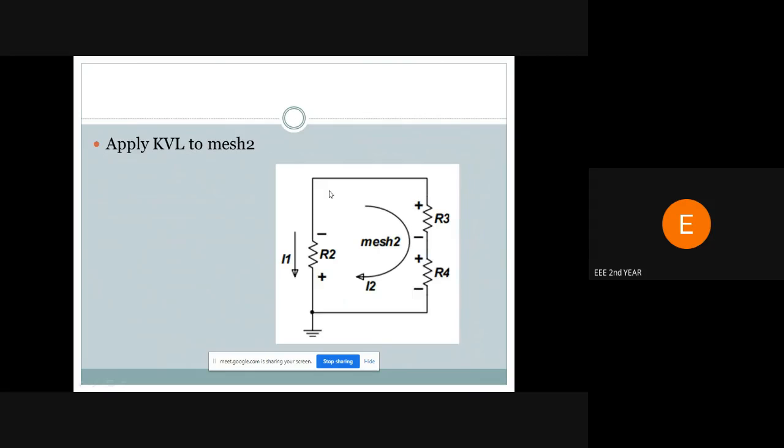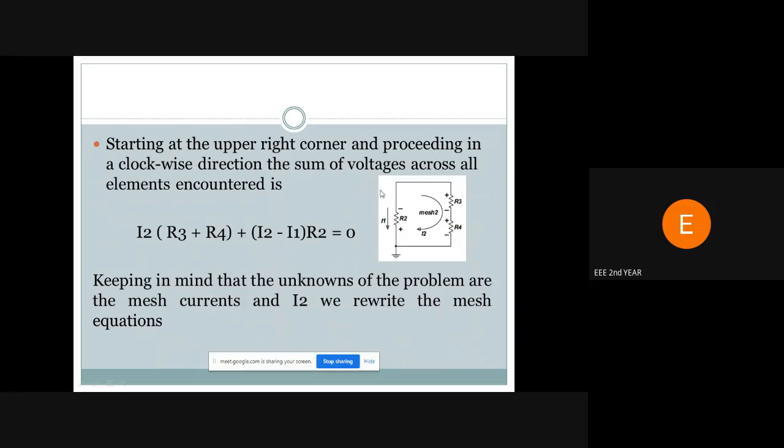Here also you start at the upper right, because there is no voltage source here, but the potential will rise in this way. So take the upper right corner and proceed in a clockwise direction, taking the sum of the voltages across the elements encountered, same as the previous one.